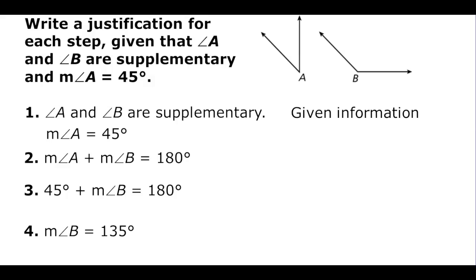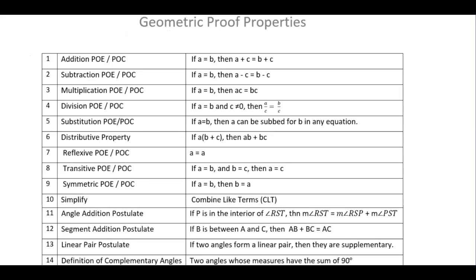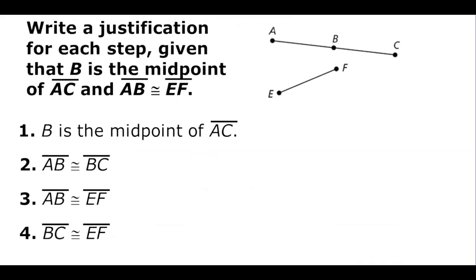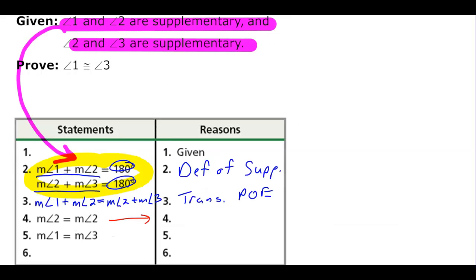We know that if something equals itself, that is our reflexive property. It's right here. If something equals itself, that is our reflexive property. So we know that the measure of angle 2 equals the measure of angle 2. That's the reflexive. And it's an equal sign, so property of equality.